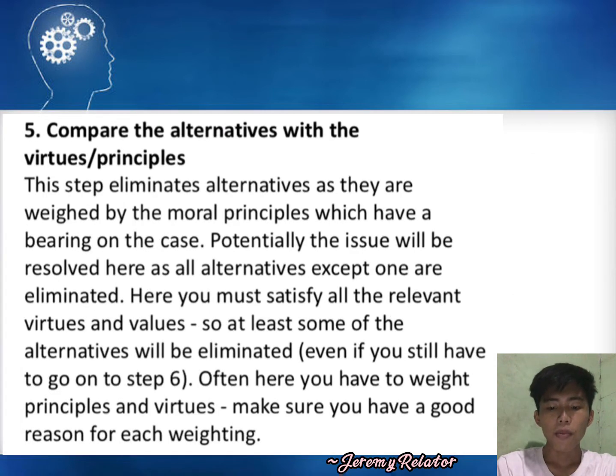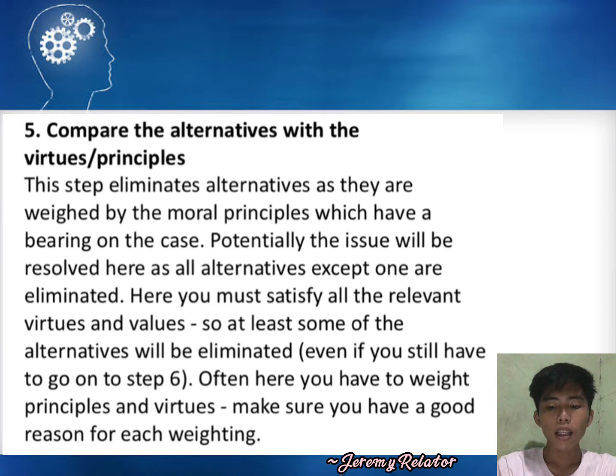Number 5. Compare the alternatives with the virtues and principles. This step eliminates alternatives as they are weighed by the moral principles which have bearing on the case. Potentially, the issue will be resolved here as all alternatives except one are eliminated.